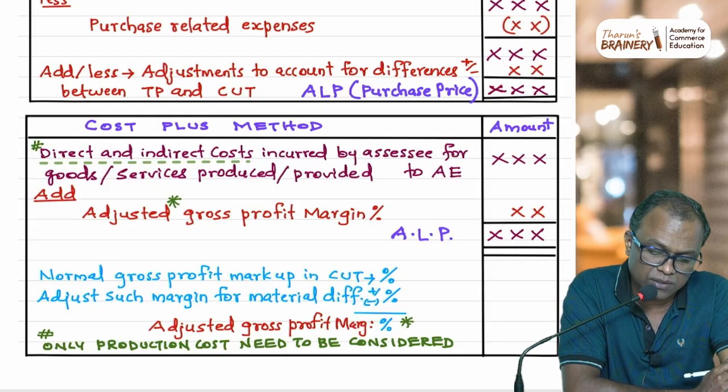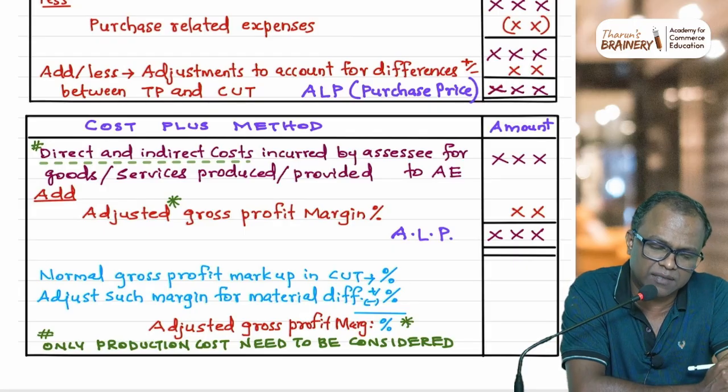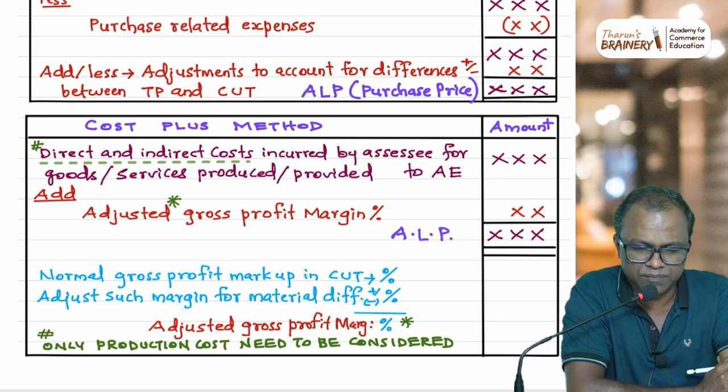But here it is not like that. Here the arm's length price is found based on the profit margin. If it is the cost plus method, we take the gross profit margin as a benchmark. But under the next method, the transactional net margin method, we will consider the net profit.